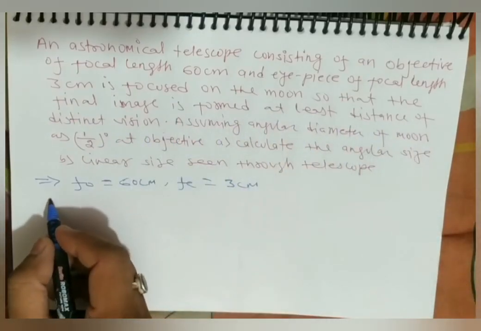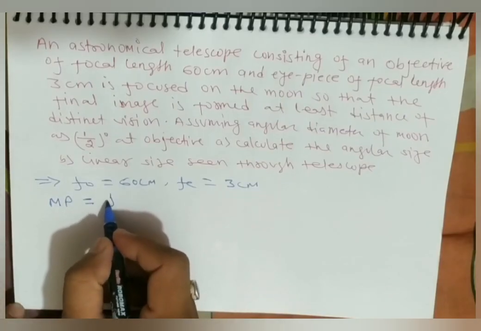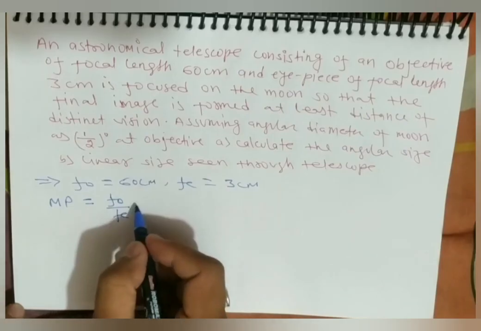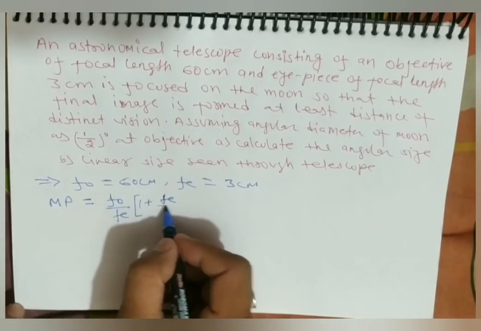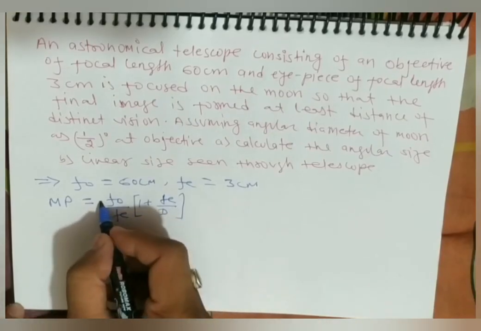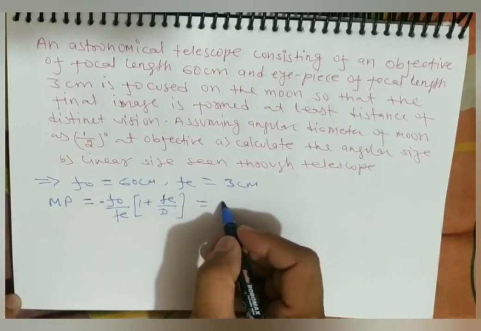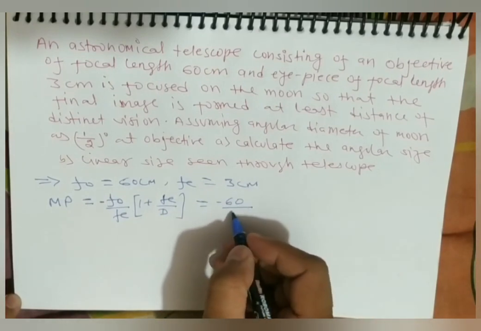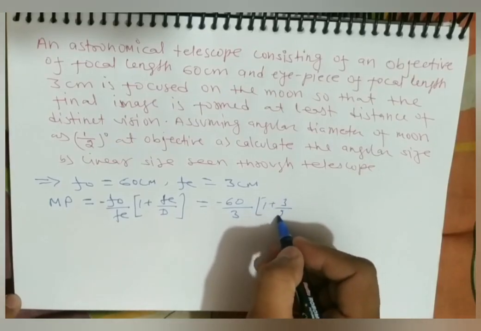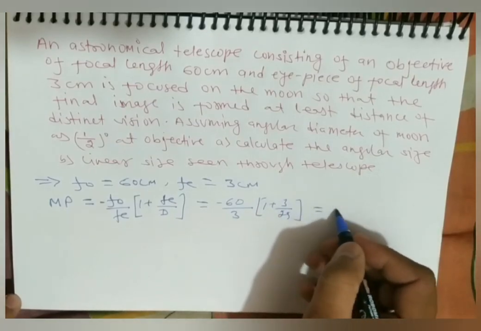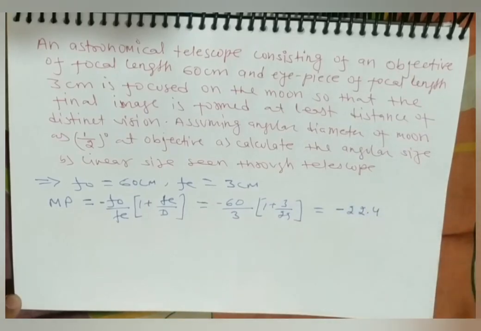That means for near point we know that magnifying power is f naught upon fe into 1 plus fe upon d. Okay, so in this case it is 60 upon 3 into 1 plus 3 upon 25. On solving we will get 22.4.